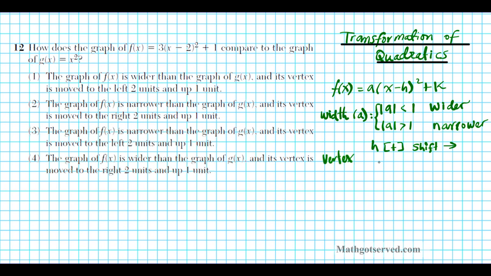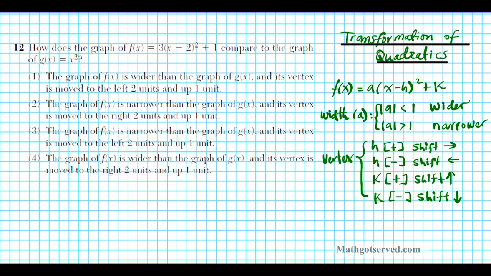If h is negative, then you're going to shift to the left. Make sure your formula is in this form before all this applies. k is for your vertical shift. If k is positive, you're going to shift upwards k units. If k is negative, you are going to shift downwards. Now, if h or k are 0, then you're going to have no shift in that direction. So let's keep that in mind.